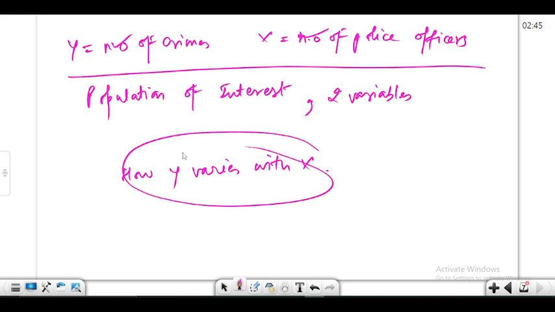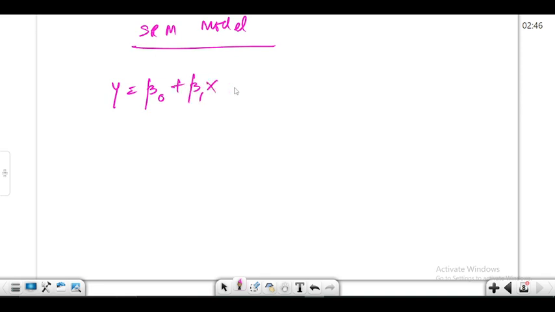So let's create a simple regression model. My SRM would look like y is equal to beta naught plus beta 1 x plus u.